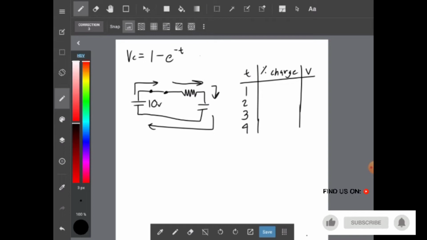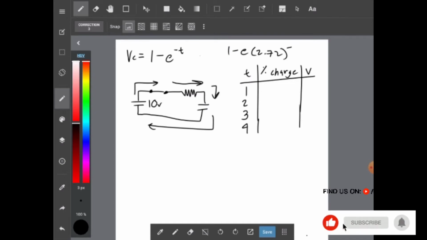So, 1 minus Euler's number, which is approximately equal to 2.72. Remember that Euler's number is approximately 2.72. So we raise that to -1 from the time, as we can see here.